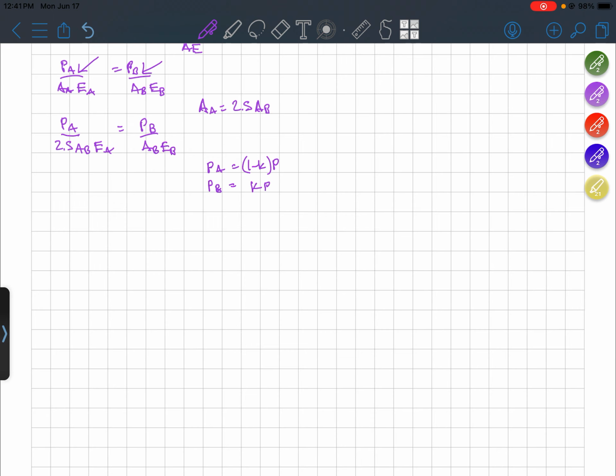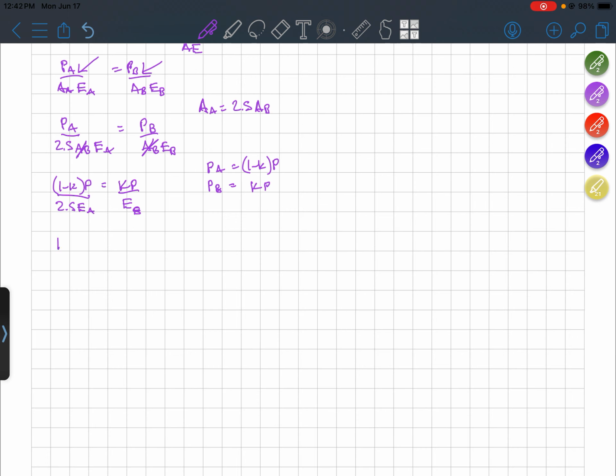So I'm going to rewrite my equation now in terms of just P rather than P_A or P_B: (1 minus K) P over 2.5 E_A equals KP over E_B. Also notice that my A_B's cancel, so we're getting simpler every time.